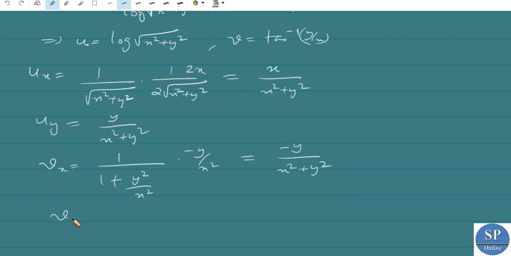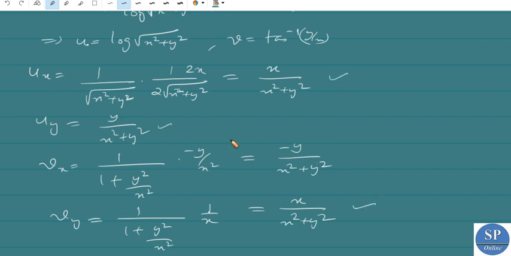And vy is 1 by 1 plus y square by x square into the derivative of y by x with respect to y, so this is 1 by x. So this is 1 by x square plus y square divided by x square, into x, which is nothing but x by x square plus y square. So we have ux equal to vy, and uy equal to minus vx.